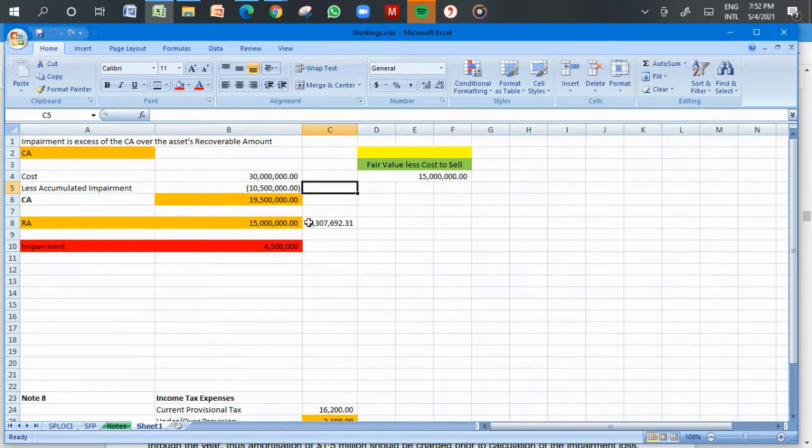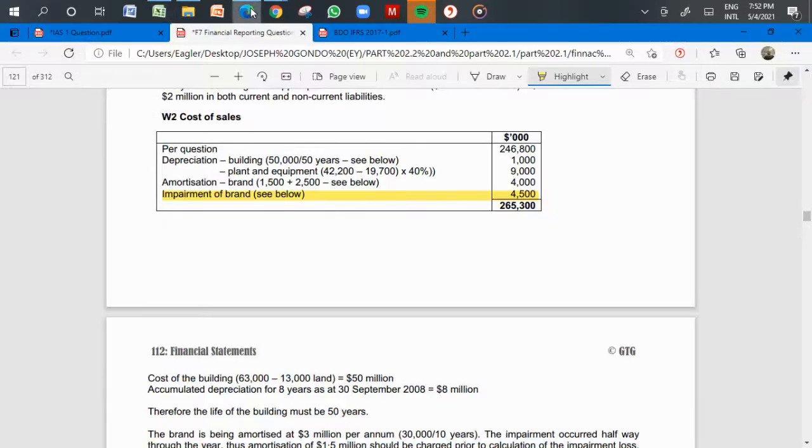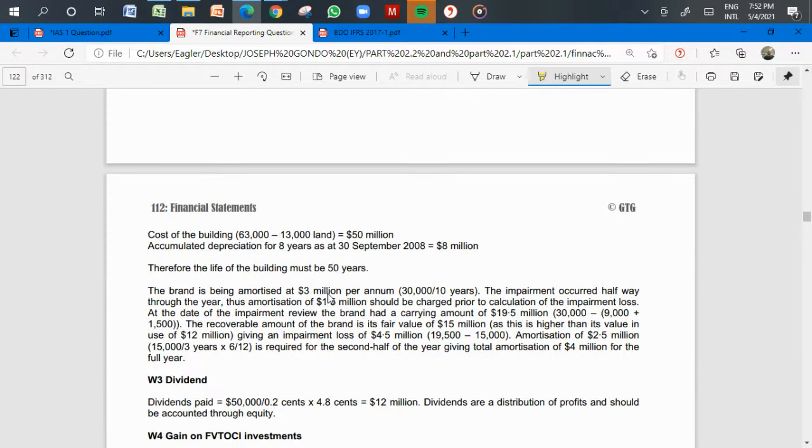I think your problem was only on the dates, on counting the dates and the months. But I think the thought process was actually correct: we compare the carrying amount and the recoverable amount, and the recoverable amount is the higher of the value in use and fair value less cost to sell.